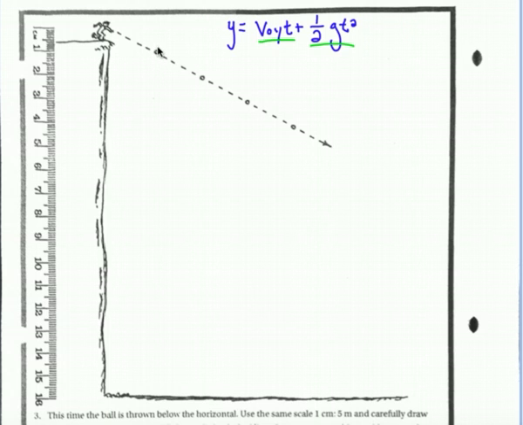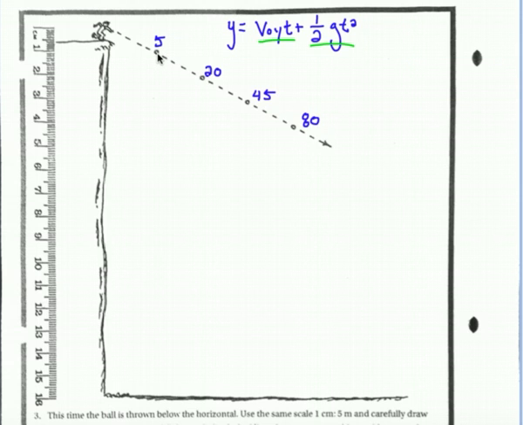So here, we know after 1 second the ball will drop 5 meters. After 2 seconds, 20 meters. After 3 seconds, 45 meters. And after 4 seconds, 80 meters.